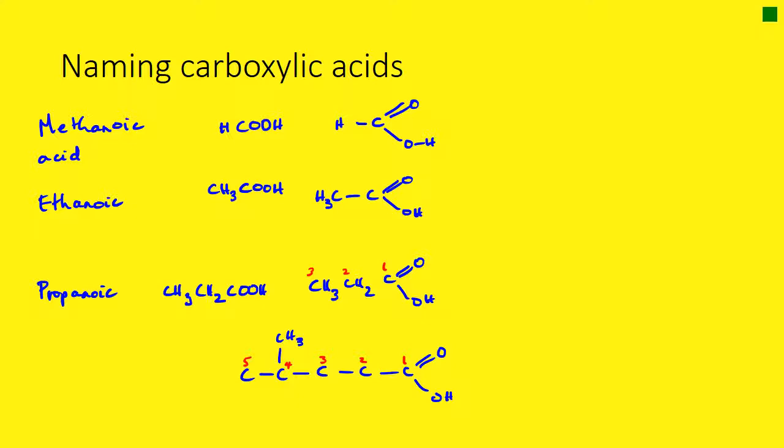Let's write that down. We're going to have a prefix to it as well, because we've got that methyl group there. And you can see the methyl group is hanging off the 4th carbon, so it's going to be 4-methylpentanoic acid.